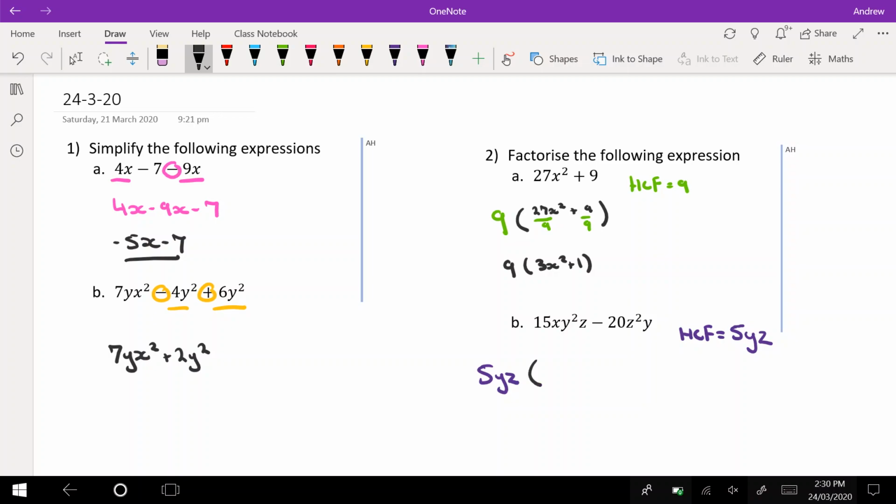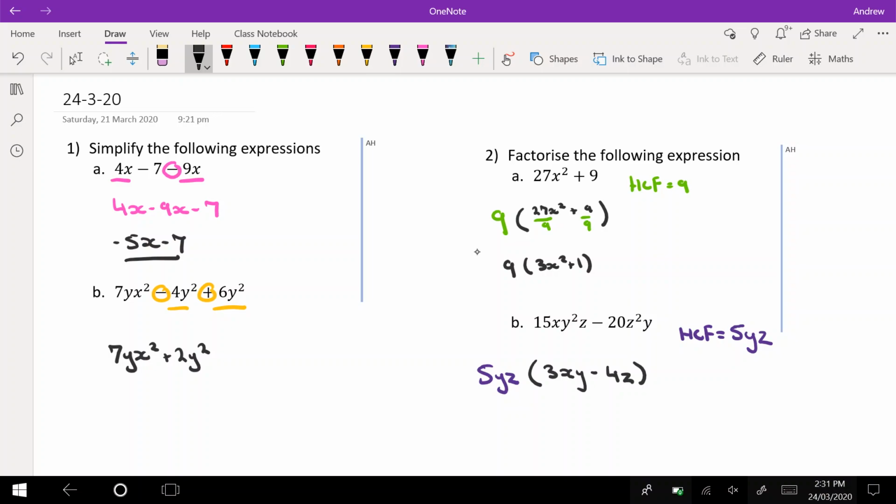And then I need to divide each term inside the brackets by that highest common factor that I've taken out. Okay? So 5yz, that's going to get me to 3xy take 4z. Yes?